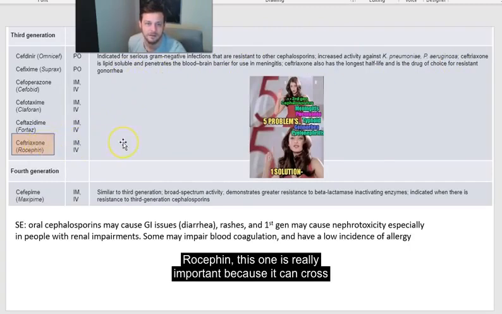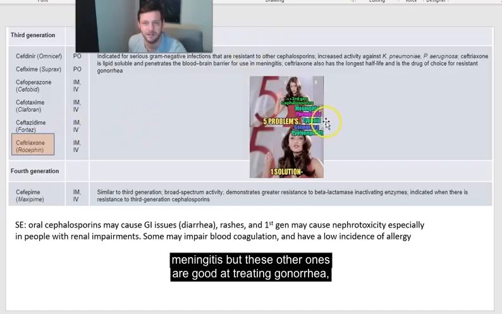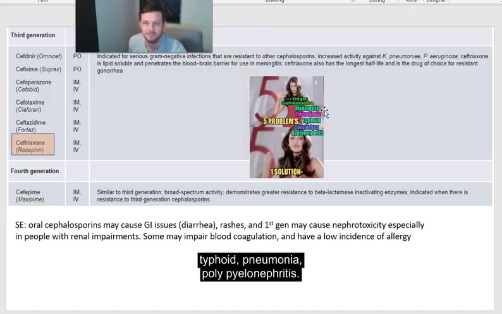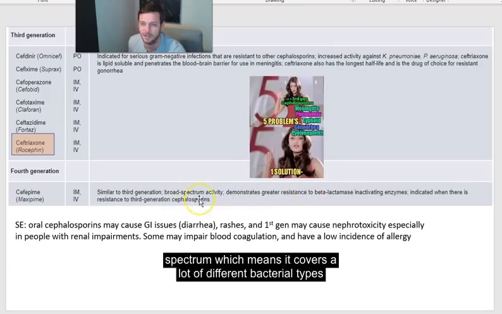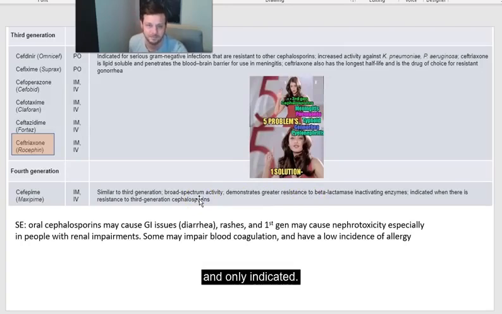Rocephin, this one is really important because it can cross the blood-brain barrier and is typically used to treat meningitis. But these other ones are good at treating like gonorrhea, typhoid, pneumonia, pyelonephritis. And then your fourth one, cefepime, again, similar to your third generation, even better resistance to your beta-lactamases, very broad spectrum, which means it covers a lot of different bacterial types.